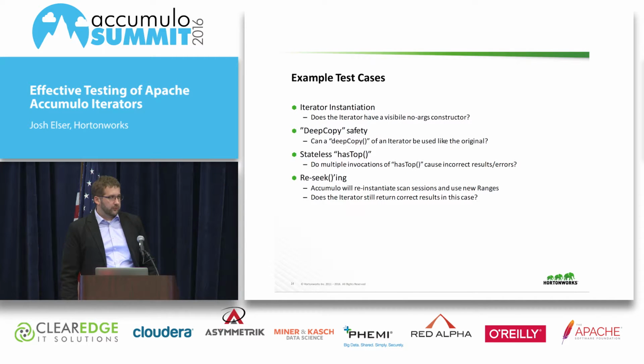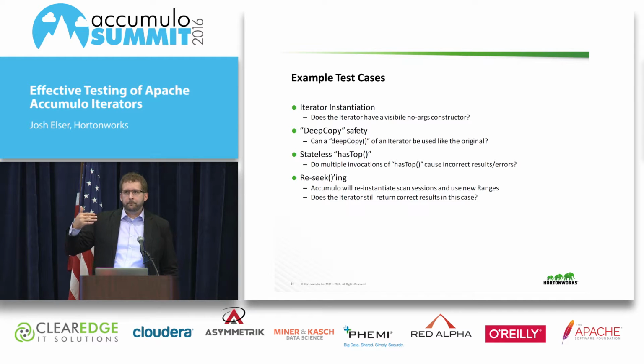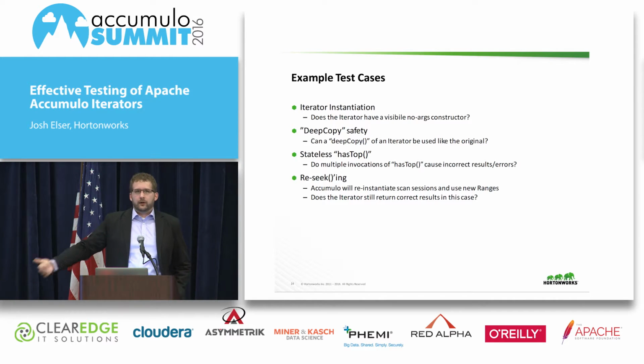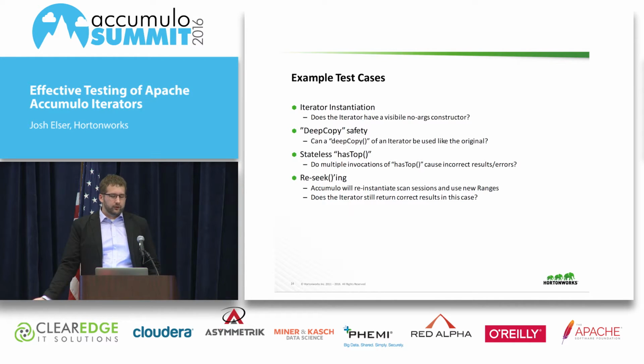So you might be wondering at this point, okay, this sounds like we're on the right path, but how do we actually have test cases here that we can write generically against all iterators? There's a couple of cases, and you have to be very specific in what you're trying to test in a way that is generic across all iterators.